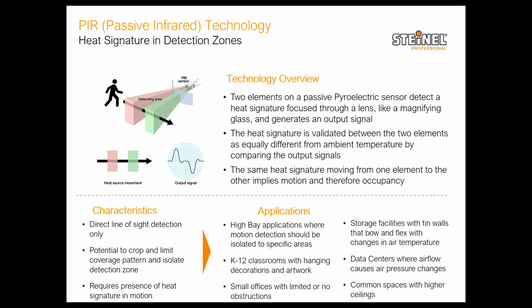This is one of the problems that most people have with passive infrared technology, that you need some motion. You can't just be sitting still and expect to be detected.